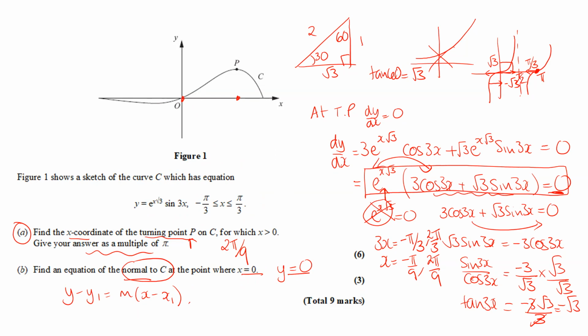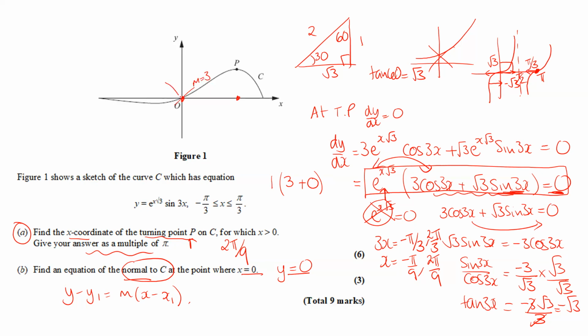Now this time the e term on the front will work for us, because when x is 0, anything to the 0 is going to be 1, and then it's going to times by cos of 3 times 0, which is the same as cos of 0, that's going to be 1, and times by the 3, and then plus the sine of 0 is going to be 0. So the gradient of the curve at this point is going to have m equal to 3.